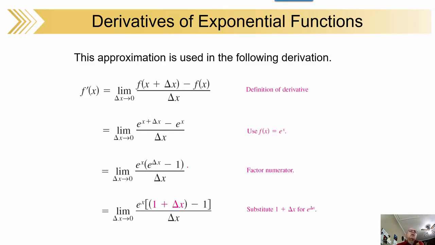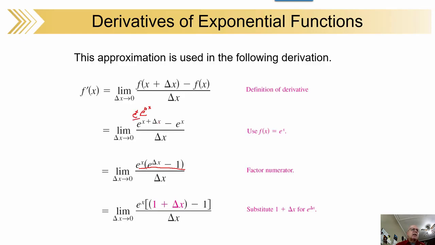We start with the definition of a derivative, and we use e to the x instead of any other function. We use that for our f of x. Do the substitution. This is just a way of factoring that, because this, remember, is e to the x times e to the delta x.